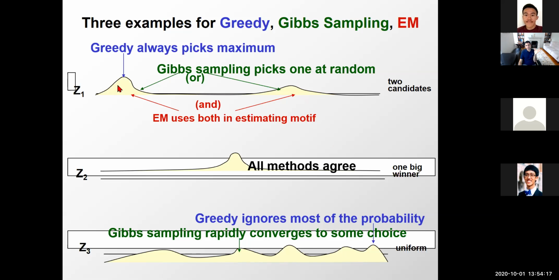And then here, by focusing on the beginning, you might reconstruct the whole end, and you might end up with two different motifs that you might not have picked up if you were using EM. So let's see, who's with me so far on the difference between expectation maximization, Gibbs sampling, and greedy in choosing these motifs?